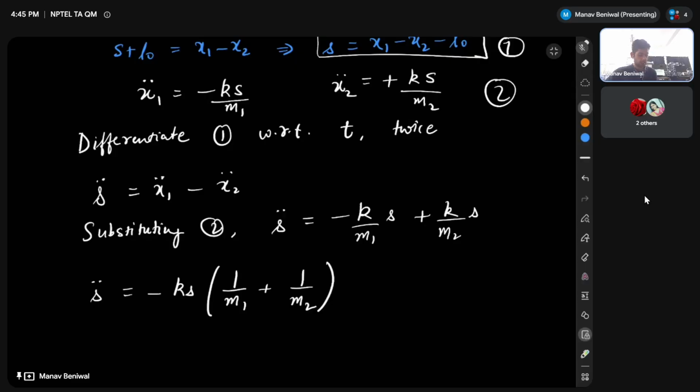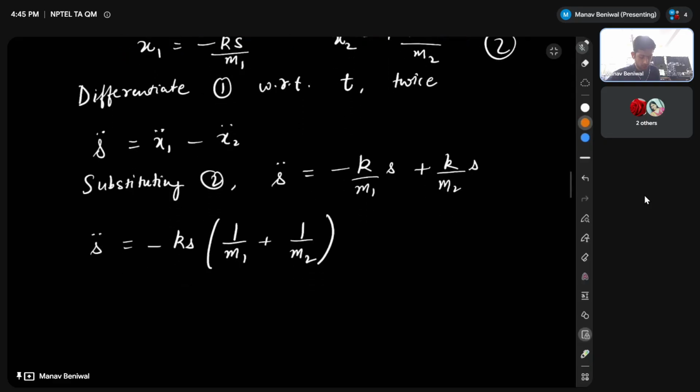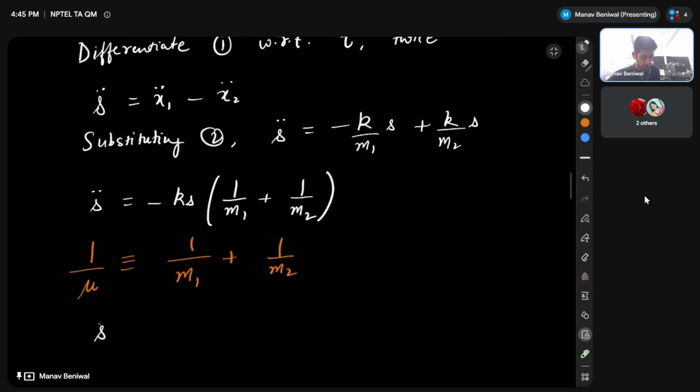Okay, now we are going to define a new quantity 1 over mu. We define this as the quantity in the bracket, 1 over m1 plus 1 over m2. We define it so that we can write the above equation in a familiar form, minus k over mu times s.